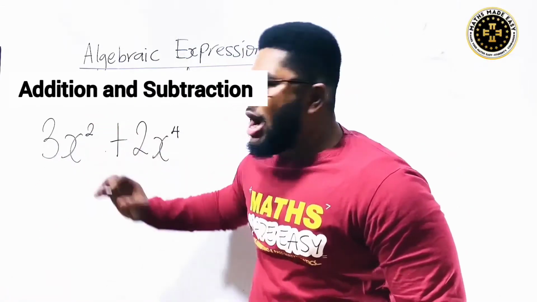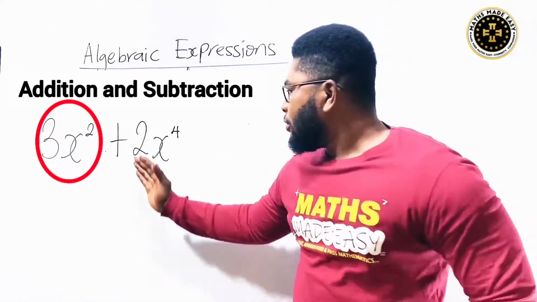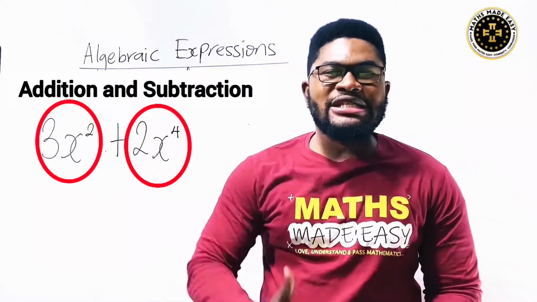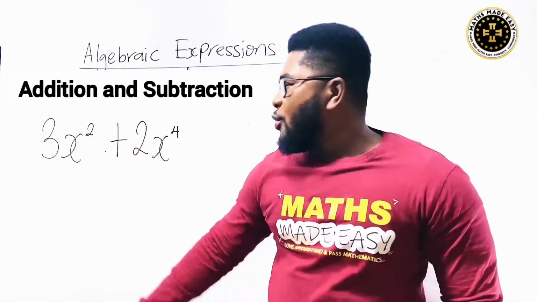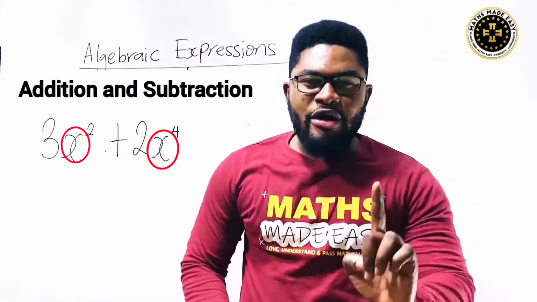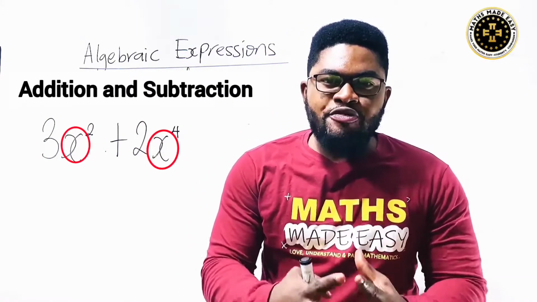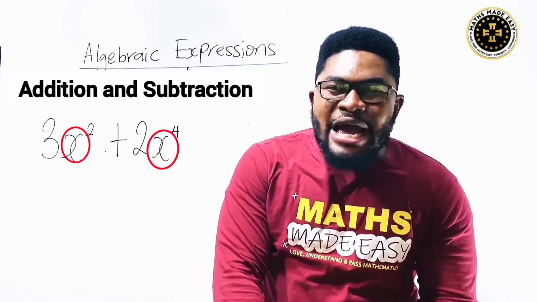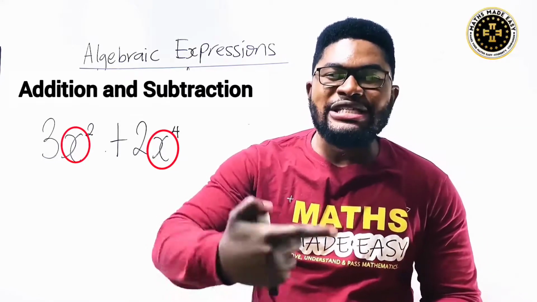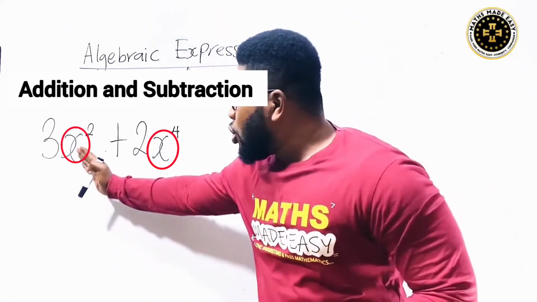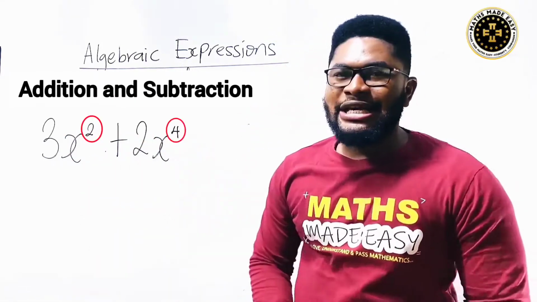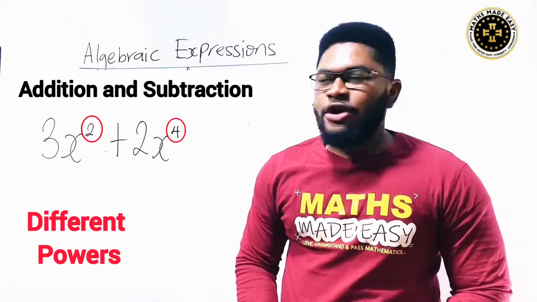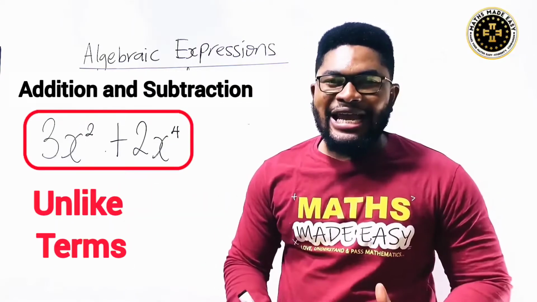So 3x squared becomes the first term. 2x power 4 becomes the second term. These terms have something in common, which is our variable x. But remember, for the sake of algebraic expression, like terms must be raised to the same power. Even though the variables are the same, the powers in these terms are not the same. So this is not a like term.